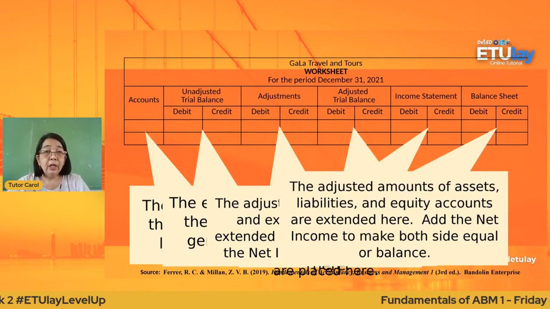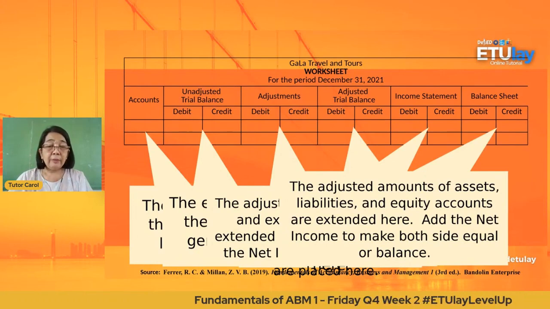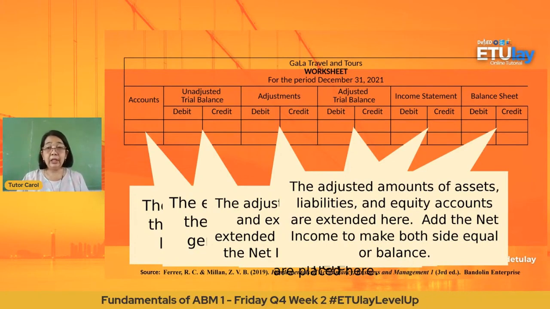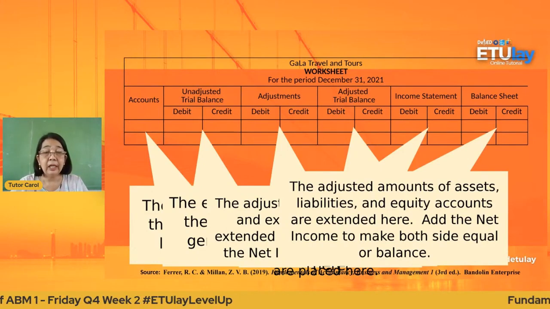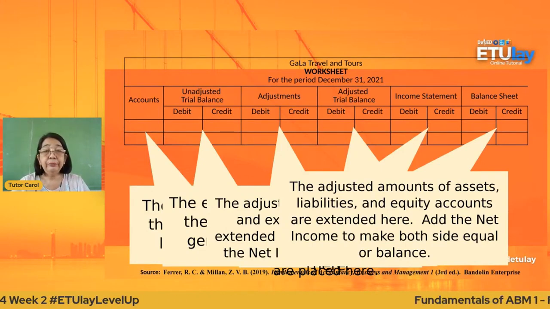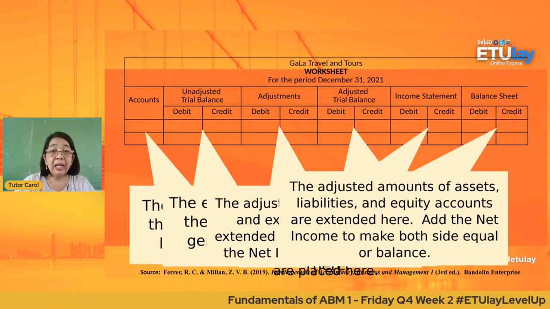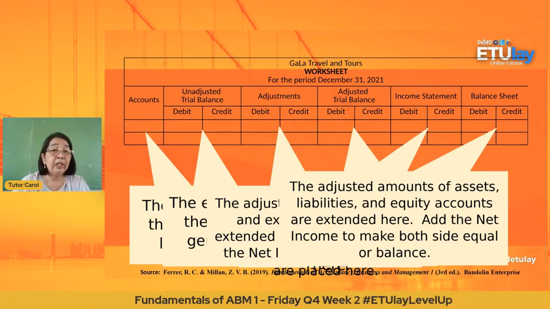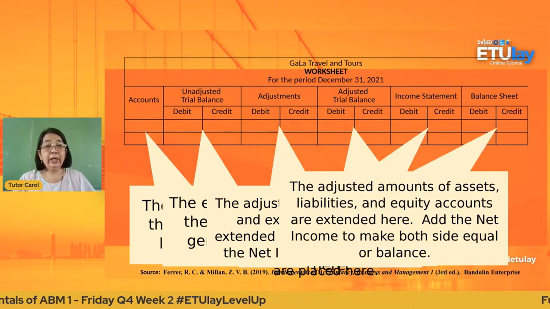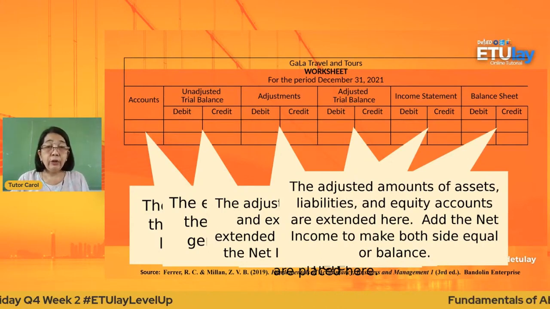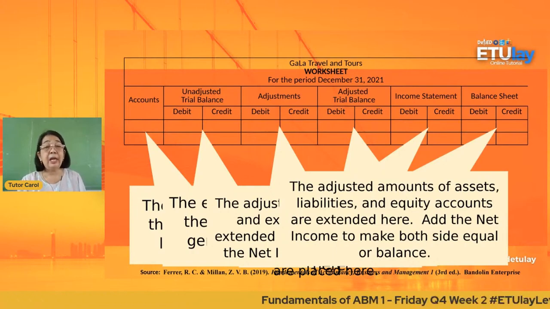And of course, dun sa column ng income statement, ano ang laman dyan? Revenue and expenses. And then dito naman sa balance sheet, ang mga laman dyan is yung assets, liabilities, and equity. And of course, ang basis natin dyan is the adjusted trial balance.